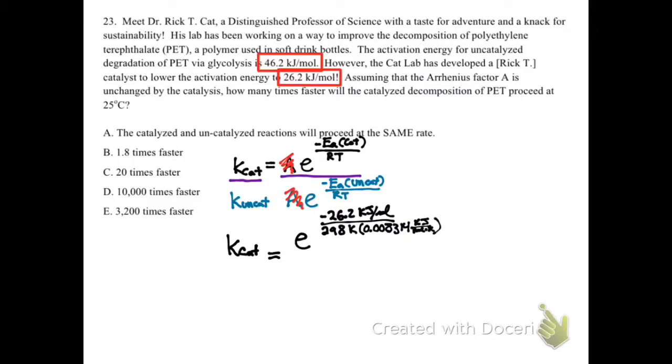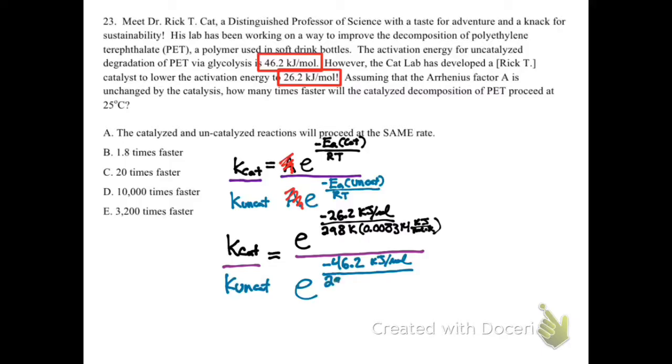Okay. Now let's plug in our corresponding values for k uncat. So it's going to be equal to e to the negative activation energy, which is 46.2 kilojoules per mole, divided by RT.